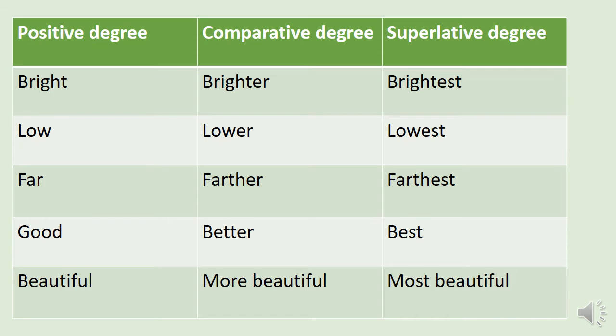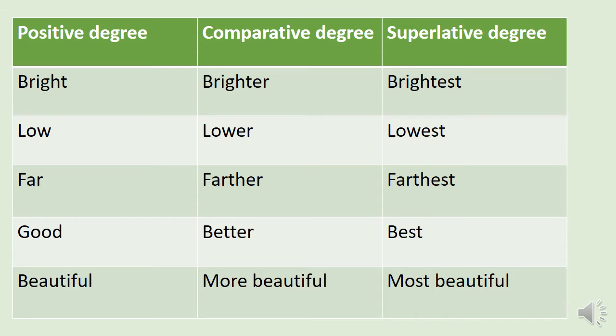The word good is a little bit different. The comparative form of good is better and the superlative form is best. Again, there is a word beautiful. We have to add more before the word to make it comparative and most to make it superlative.